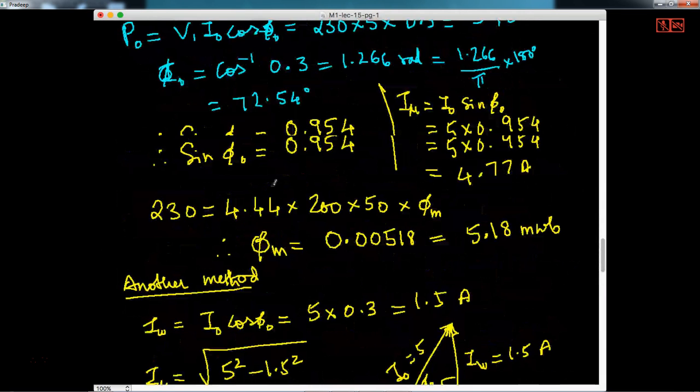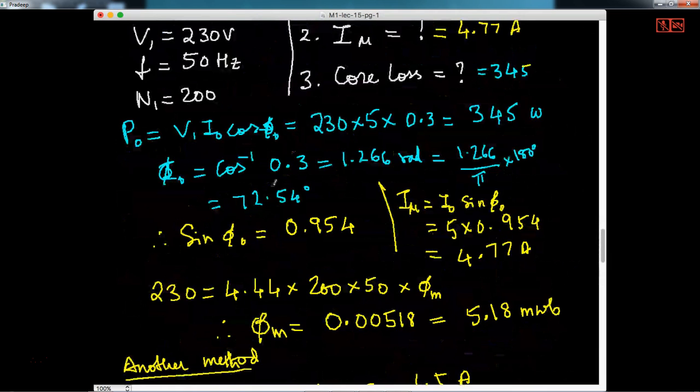I'm using my calculator to solve this, and again I get the same answer, 4.77 amperes.